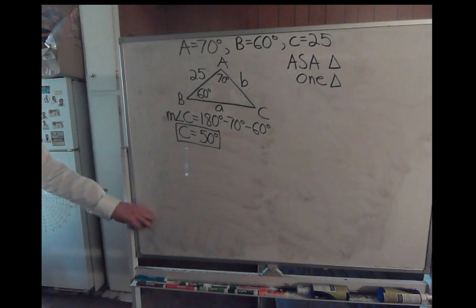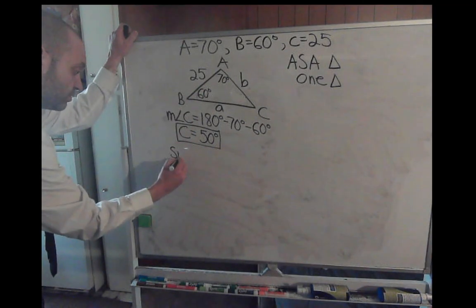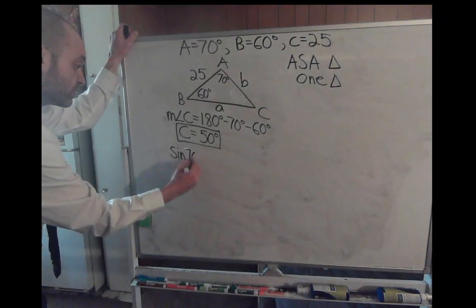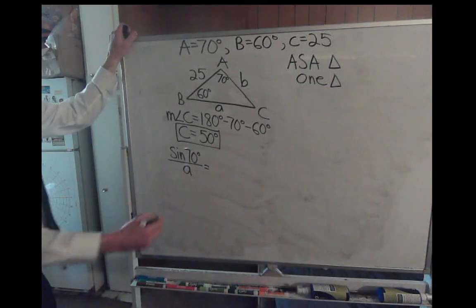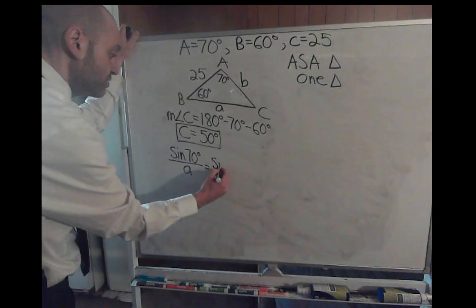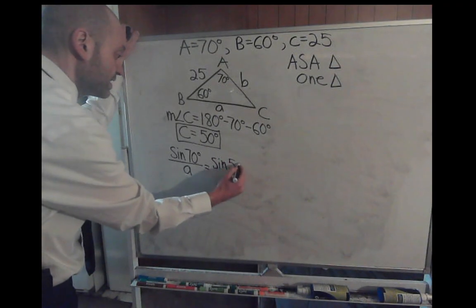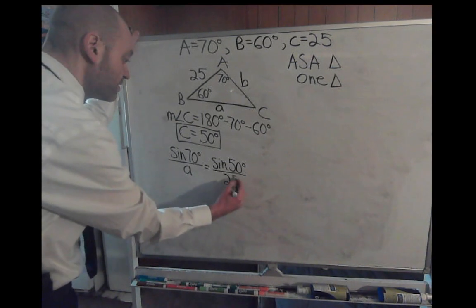Now all we don't know are sides A and B. So let's set up our law of sines. So definitely the sine of angle A, which is 70 degrees, over that side A, which we don't know. Now we know both angle C and side C, so this would be equal to the sine of 50 degrees all over that C value of 25.